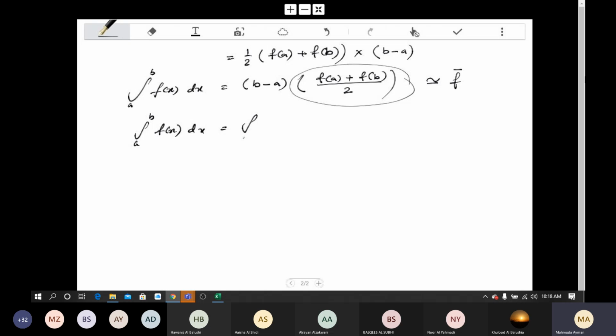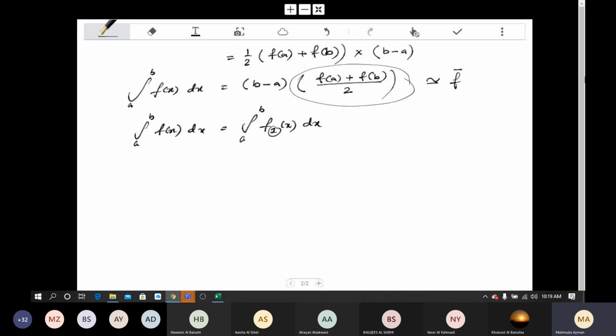So we will replace the function by a first order polynomial, the integral of P1(x) dx. The 1 stands for first order polynomial here, basically the straight line, right? So we have to get the integral of the function, and we put a straight line instead of the function, so we can derive the area under the curve.